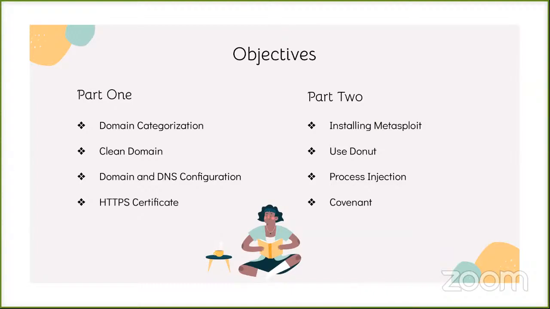Then, as part two, we are going to install Metasploit. We are also going to use Donut to change our Metasploit payload to shellcode. We're also going to learn a bit about process injection and how it happens. Then we are going to finalize by touching a bit on Covenant C2.